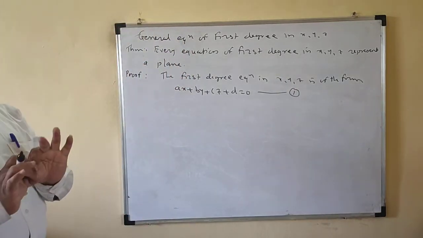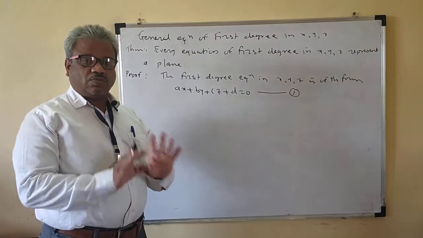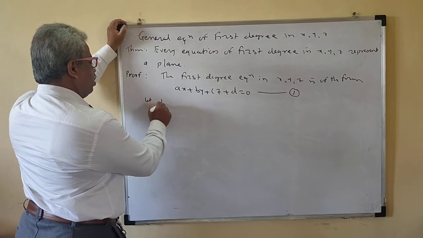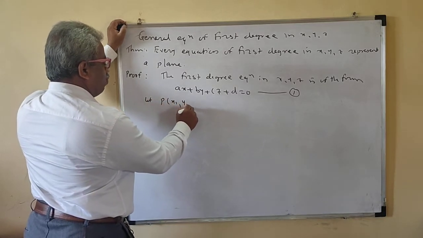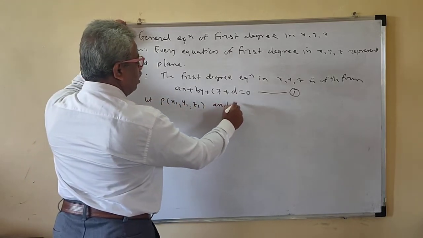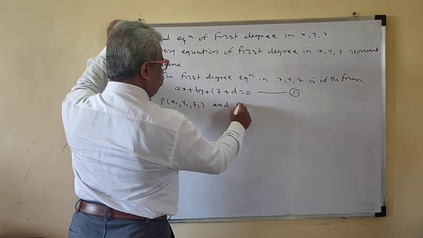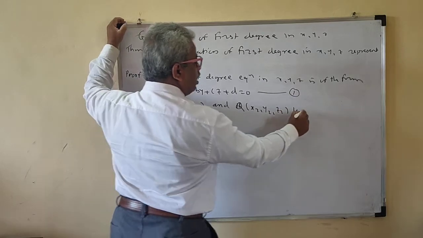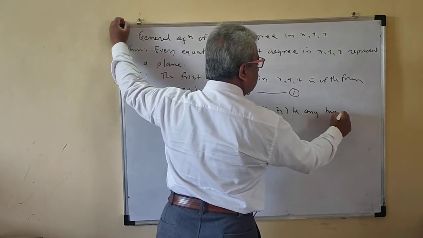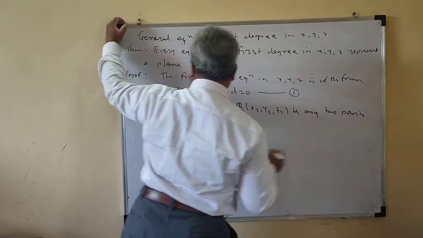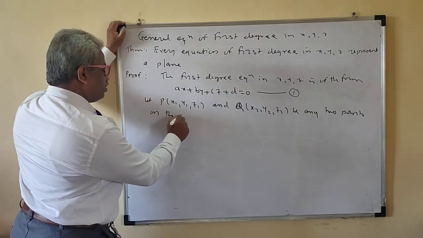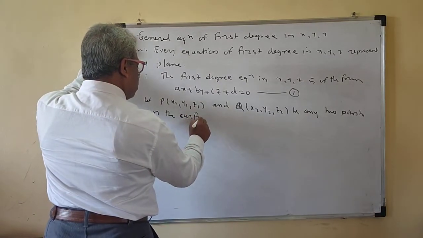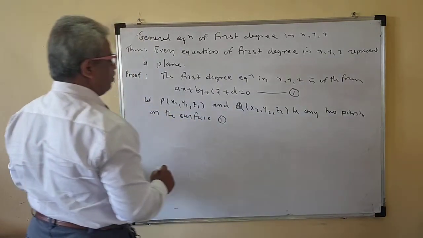So what is our aim? We want to prove that equation 1 represents a plane. Let P(x1, y1, z1) and Q(x2, y2, z2) be any 2 points on the surface 1.